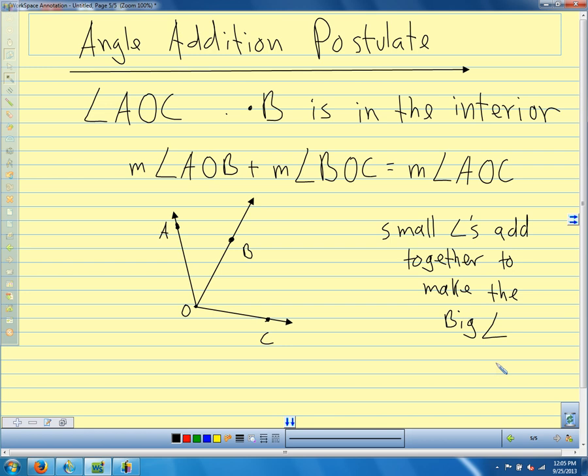That's all the angle addition postulate is telling us. So when I have our angles like this, I can add the smaller parts and it gives me the bigger part. Makes sense, right? Just like I did with segments. We put the pieces together, we get a big piece. We're going to use it exactly the same way as we did with segments. We're going to figure out how angles fit together.